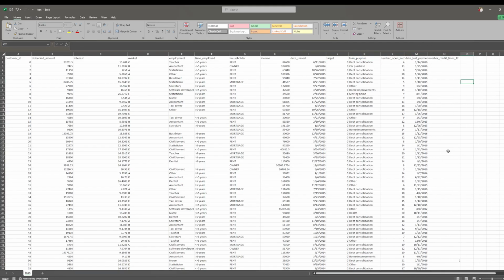Okay, great. So you can see the customer ID, and this is a whole column. We have disbursed amount, a column for interest rates, I believe, and we have market. Market is CBA, with various values for market, time employed, and so on, right?